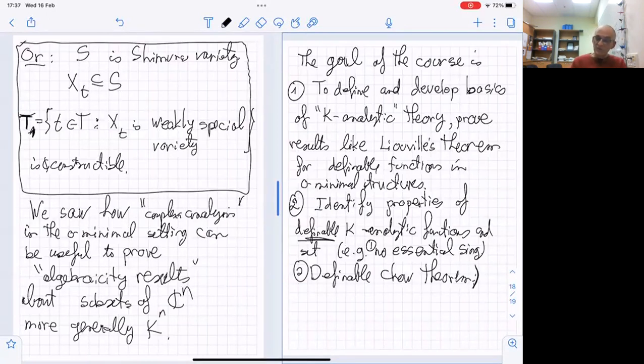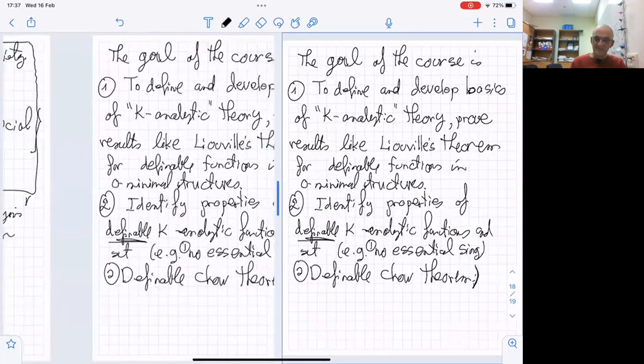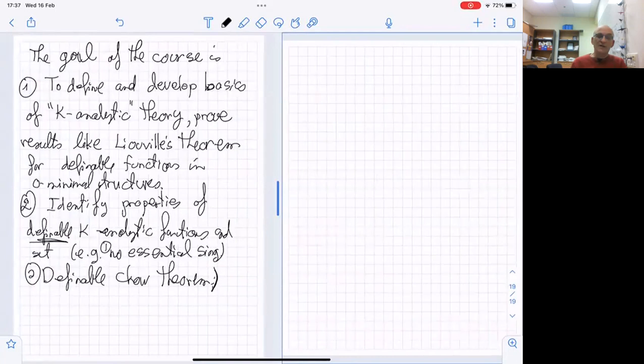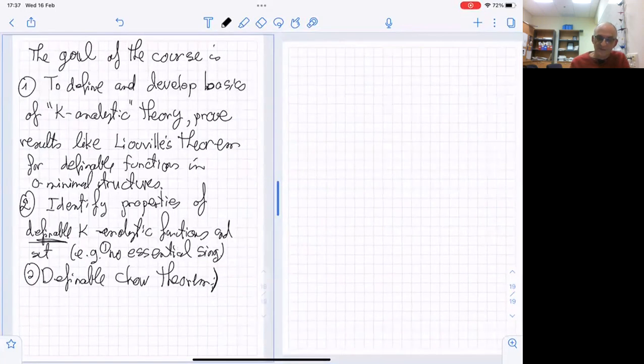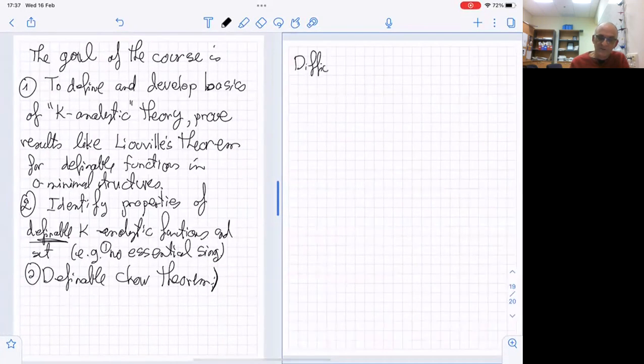But because we want to develop it in the general setting of an arbitrary real closed field, there are problems that immediately arise. And the difficulties in part 1: we cannot use the basic tools of complex analysis.